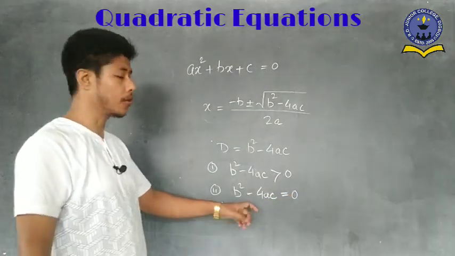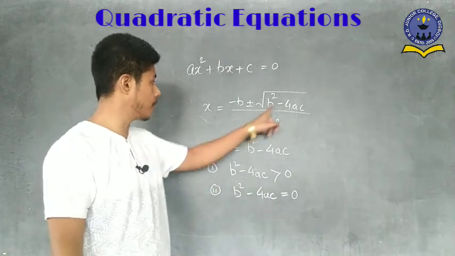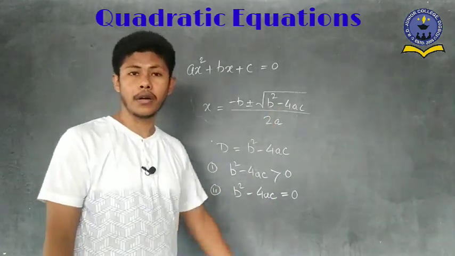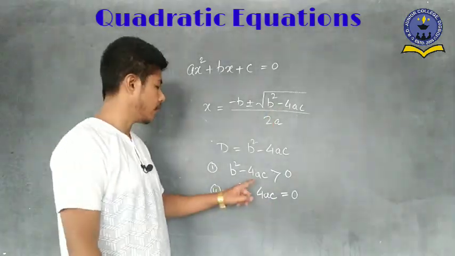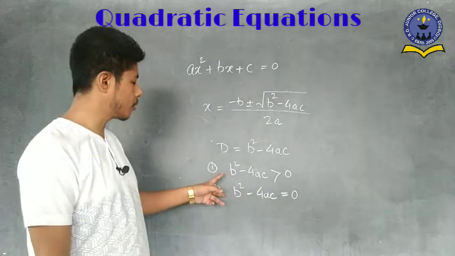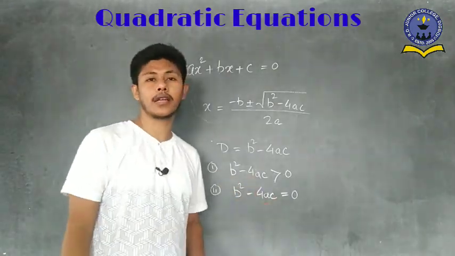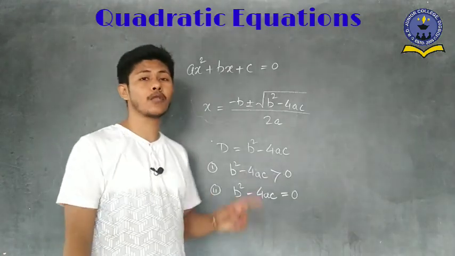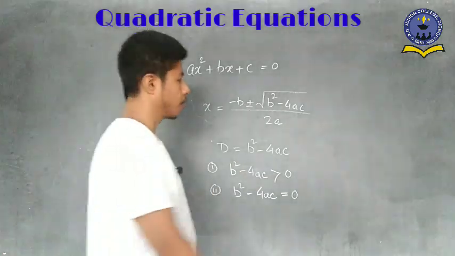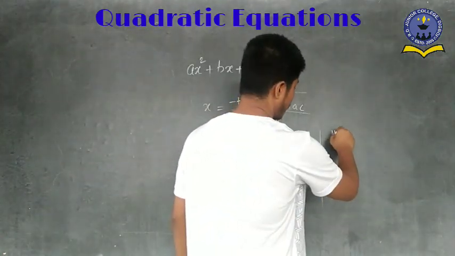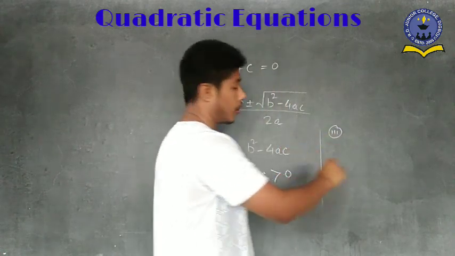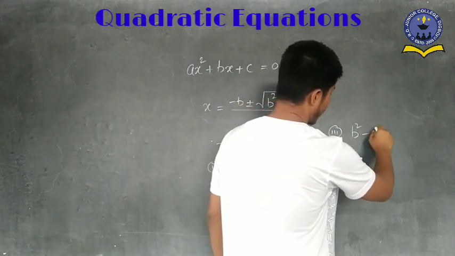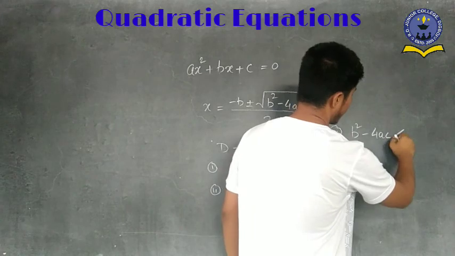In this case we get real and equal roots, isn't it? These 2 conditions we discussed in class 10, but one more condition is there, the third one, b square minus 4ac less than 0.